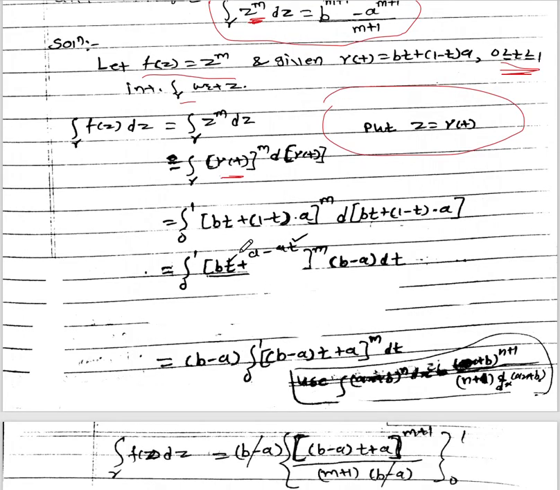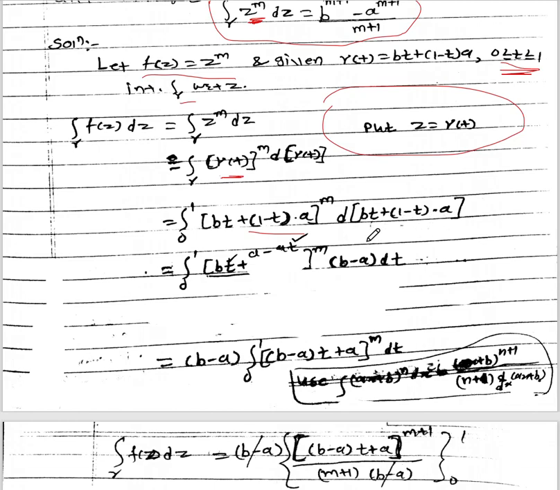So we will multiply it out in this bracket. So this integral from 0 to 1 can be written as (bt plus a minus at) to the power m, times (b minus a) dt. So what is the derivative of this with respect to t? If you multiply this term, what is the derivative of this term?